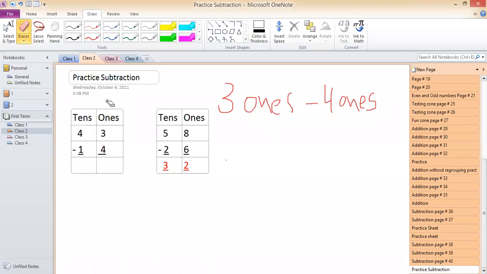How will you subtract? 3 minus 4, 1. Can you subtract 4 from 3? No, sorry, 3 minus 4. 1? How 1, Abdullah?